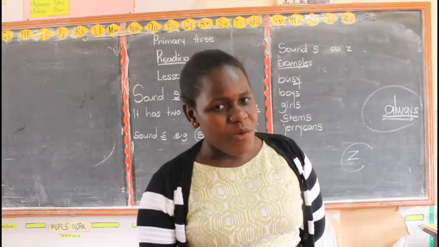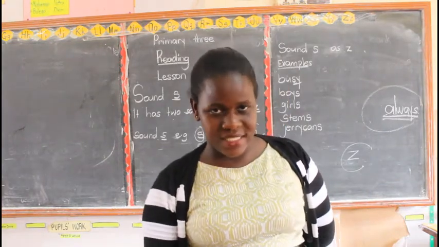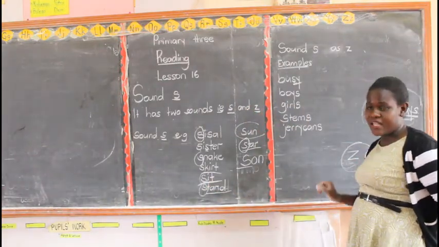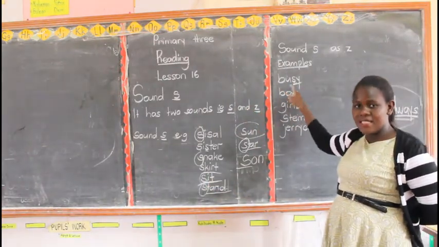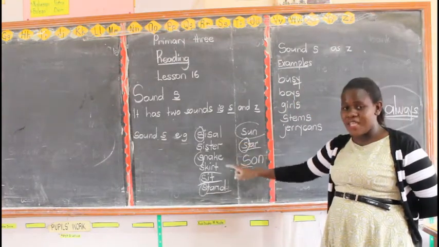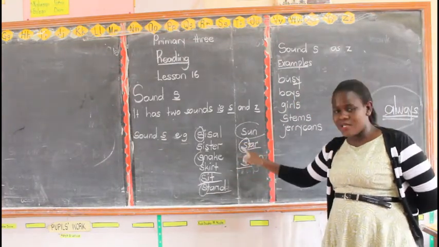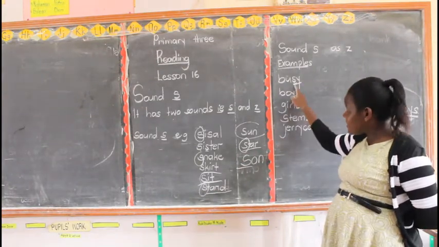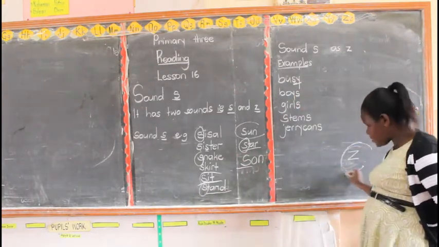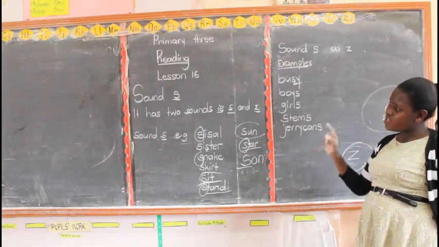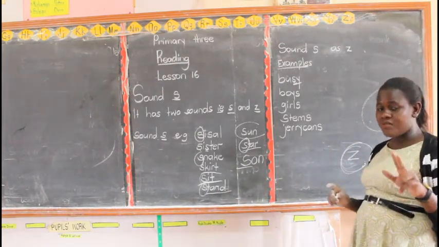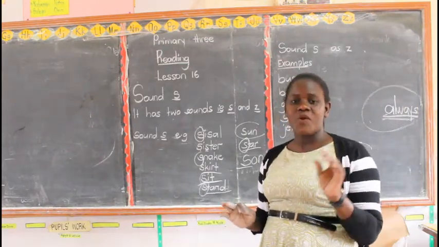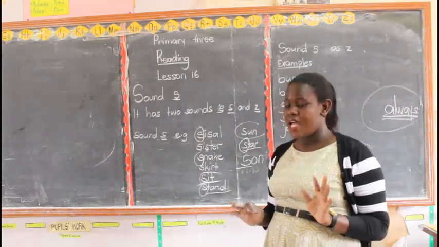Is it sounding S or sounding Z? It is sounding Z. Busy, busy. But the earlier ones, like sister, were with the S sound. Remember, it is letter S, but here it is sounding like Z. That's why I told you letter S has two sounds. You can sound it S in some words and Z in others. Are we together? That is good.